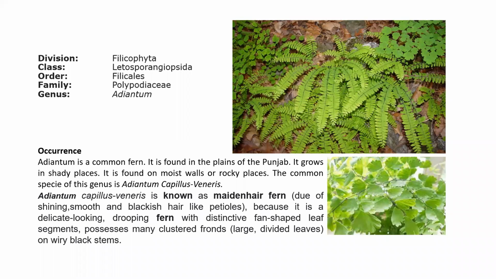Sometimes they are found on rocky places, on walls where moisture is present. The Adiantum species is common in plains as well as in the hills. Sometimes these Adiantum species are also grown for ornamental purposes.